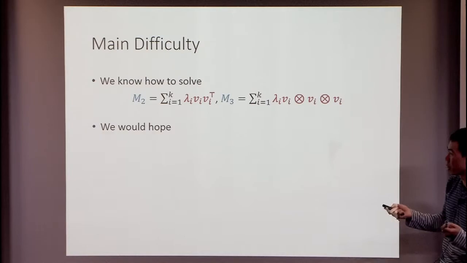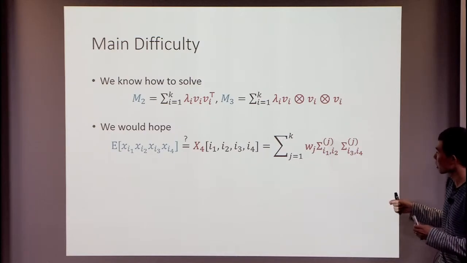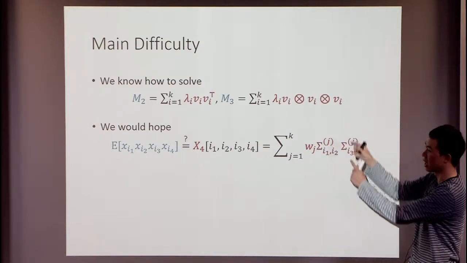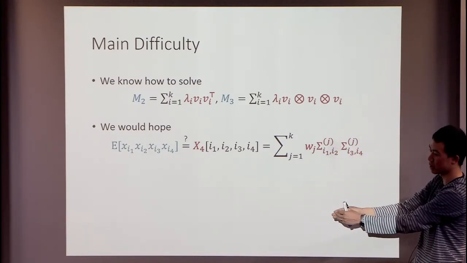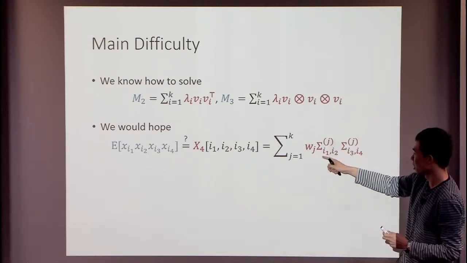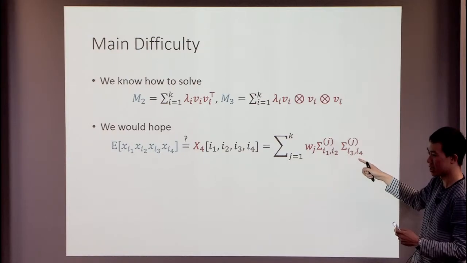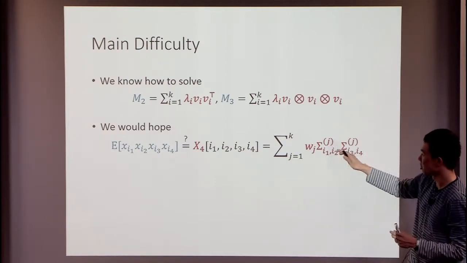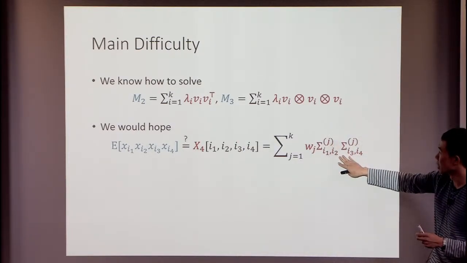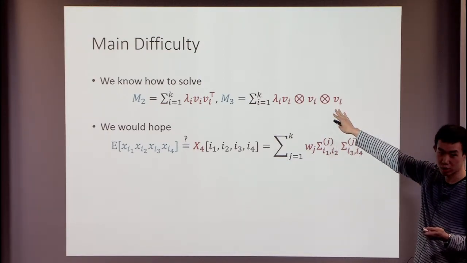We would hope that the fourth order moment of the tensor looks like this. If you write this as a matrix with i1, i2 on one set of coordinates and i3, i4 on the other side, this is really a low-rank matrix equal to w_j times the vectorized version of sigma times the vectorized version of sigma transpose. So this is very similar to the earlier system. If we know this, and we know the same thing for the sixth order moment, then we will be done. We can directly apply this algorithm.